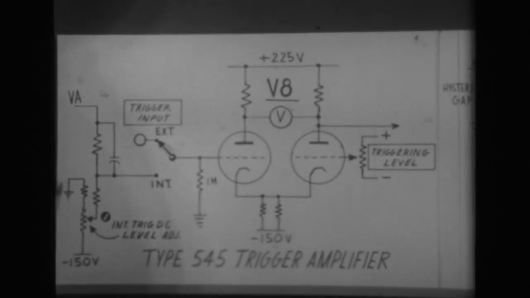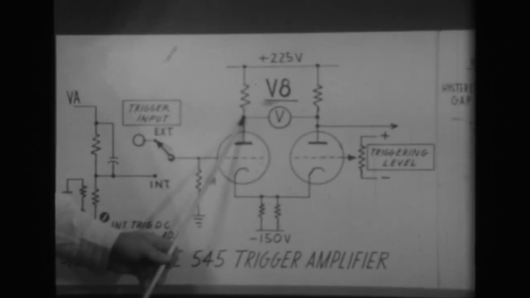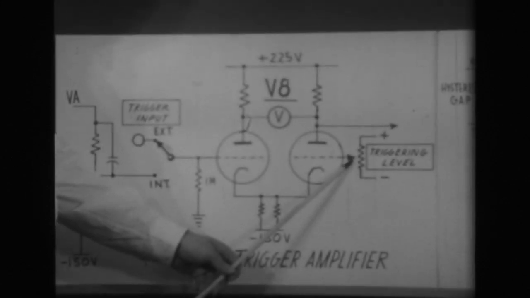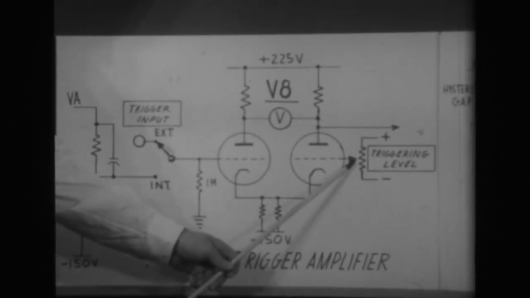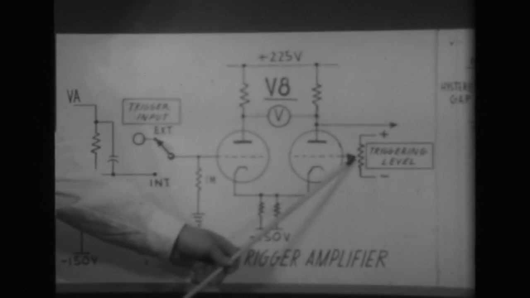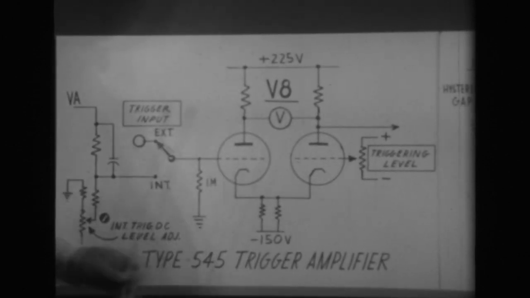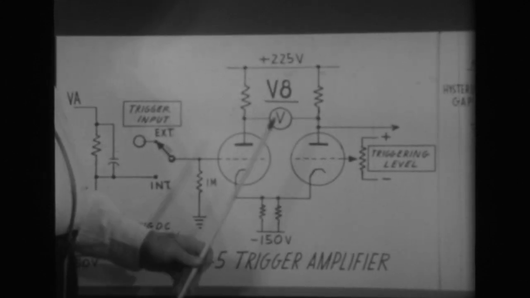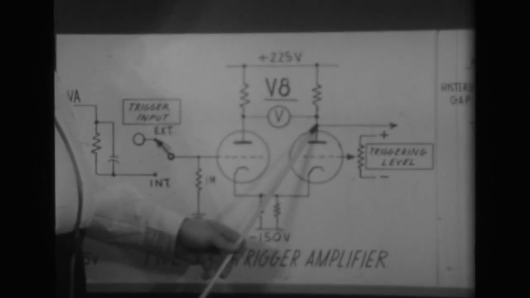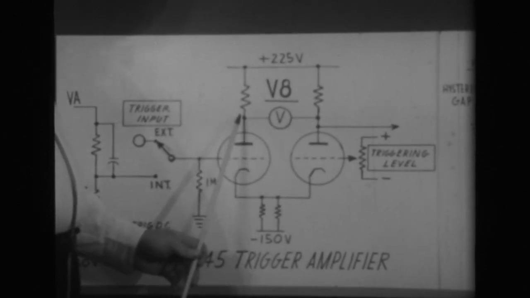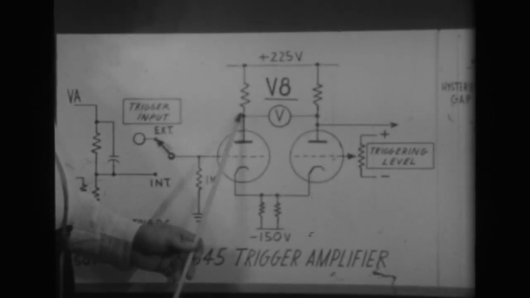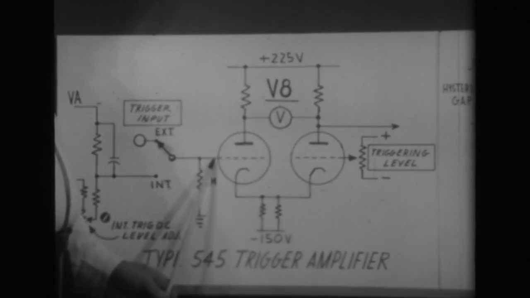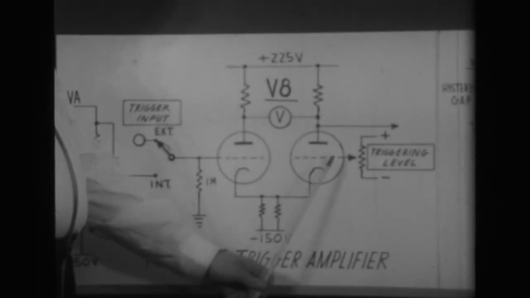Now by placing a voltmeter between the two plates of the tube, we will determine by moving the triggering level pot around near the 0 voltage position, we will find a DC voltage for the right-hand grid, which causes this plate to stand as many volts above or below this plate for the grids connected as shown here, as will occur when the grids are interchanged.